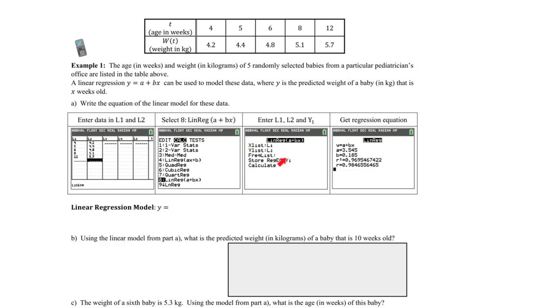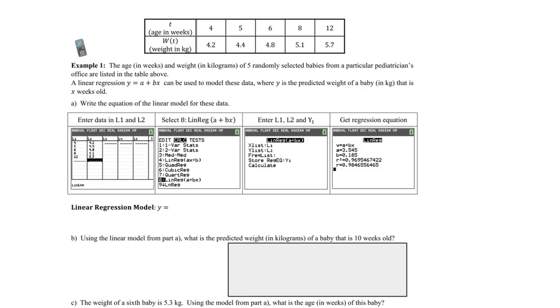Y1 won't be there, so I want you to go ahead and put that there. So arrow down to that until it's highlighted, and then do alpha trace and just put Y1. And then you can go down to calculate, and it should spit out this stuff right here. If R squared and R aren't there, then you just have to turn your diagnostics on. Just Google, how do I turn diagnostics on in a TI-84, and it's really easy.